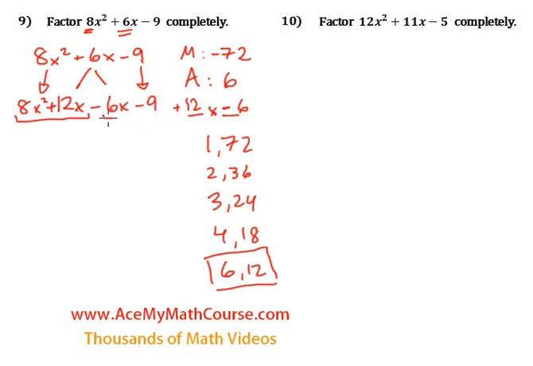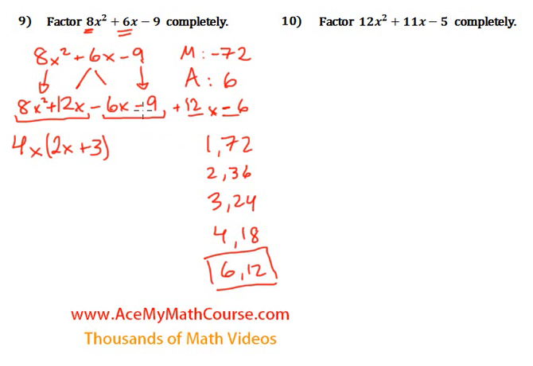We'll pair these off. Now, what is the GCF of 8x squared plus 12x? 4x. 8x squared divided by 4x is 2x. 12x divided by 4x is 3. Now we have minus 6x minus 9.